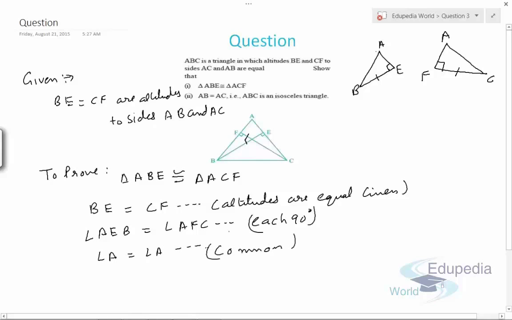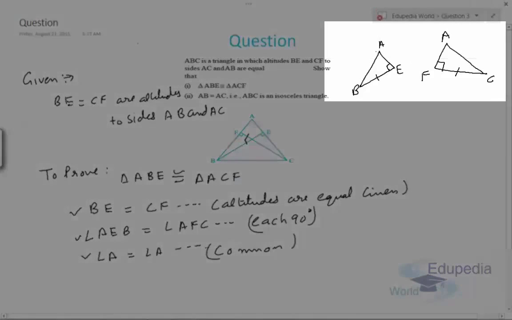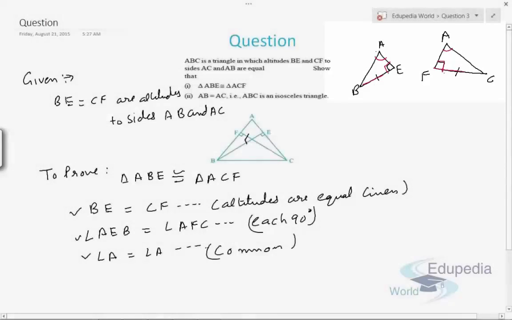Okay. So we have three conditions, 1, 2 and 3. Let me draw like this with another pen. This angle equals to this angle, and this angle equals to this angle, and this altitude equals to this altitude. So we can say that triangle ABE is congruent to triangle ACF by AAS rule.